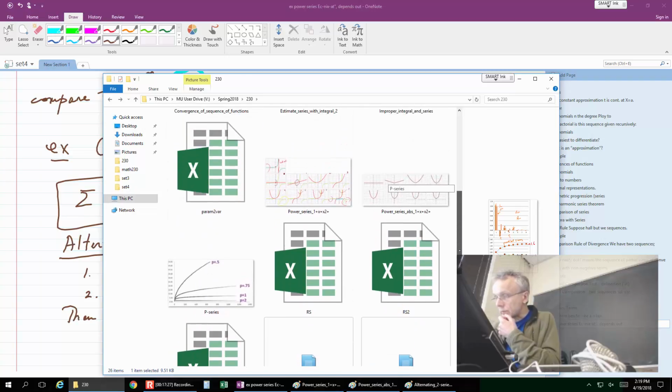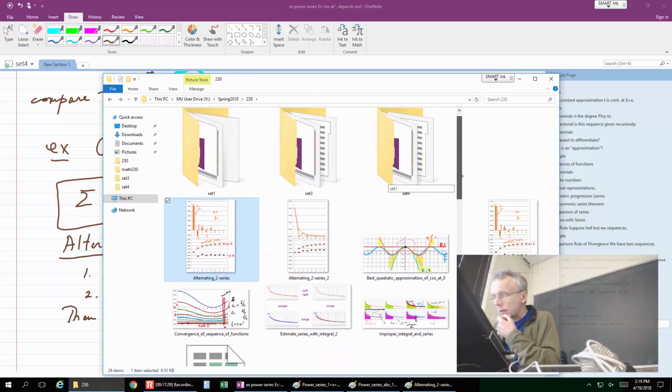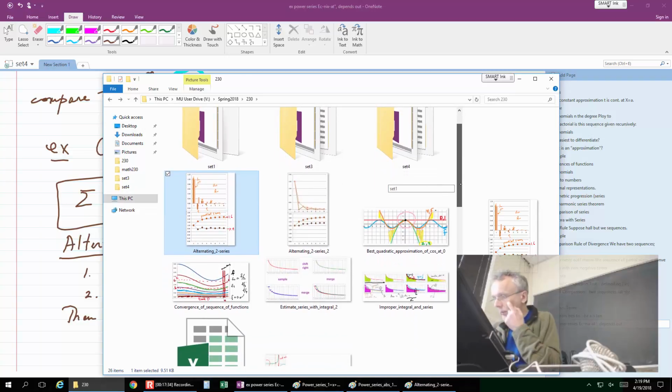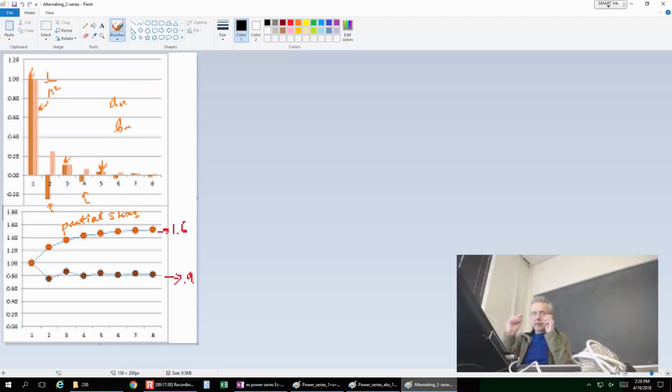I don't have an illustration here, but you can imagine a fairly decent illustration of why convergence is possible: the series is squeezed between two series, one positive, one negative, and it will alternate between them like this. The partial sums will be alternating between the two, and ultimately will have to converge.